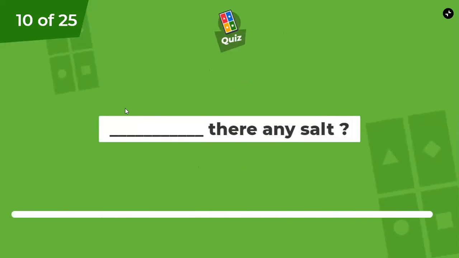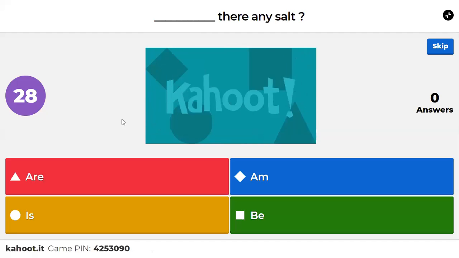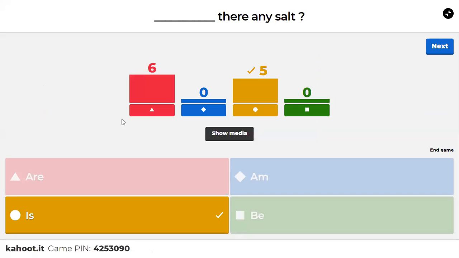Final round. Is there any salt? Remember that salt is an uncountable noun, right? Do we have plurals with uncountable nouns?